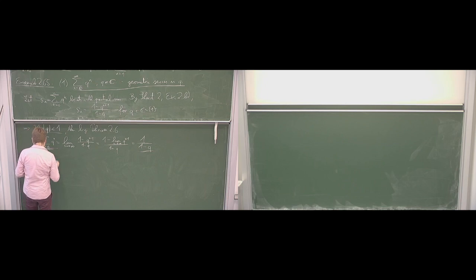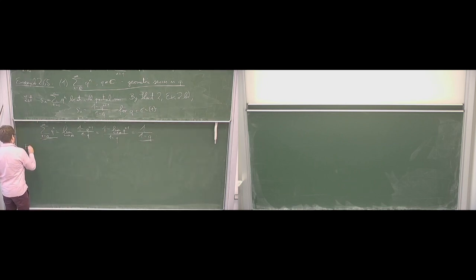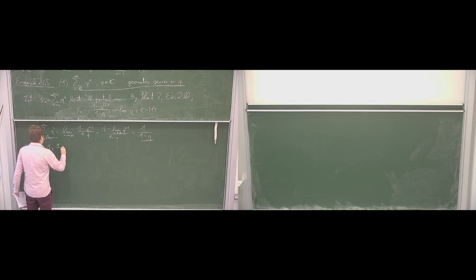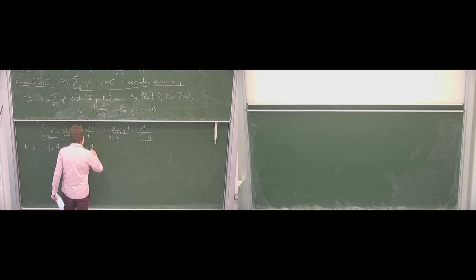Okay, and now we can also answer one of the questions that I had on the blackboard as a motivation in the beginning. Namely, I just want to compute this for particular values of q. The first situation would be q equal to 1/2. Then we would get this infinite sum that I had in the beginning: 1 plus 1/2 plus 1/4 plus 1/8 plus 1/16 and so on.